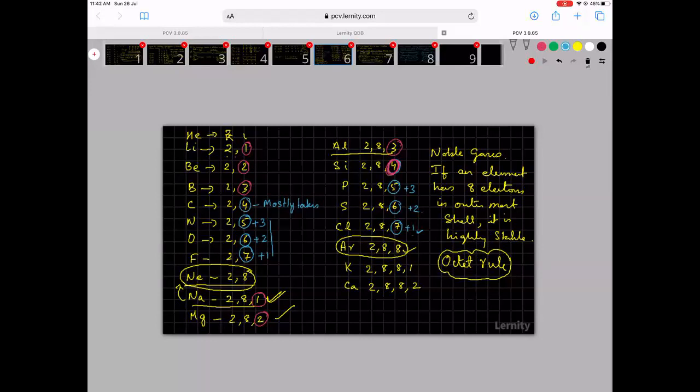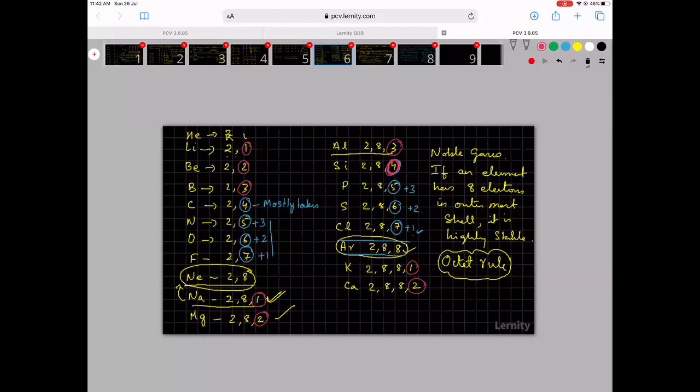Okay. Then argon. Argon has a noble gas configuration, so it neither gives nor takes. Then what can you say about potassium? Potassium will give, calcium will give. All those that I have marked in red are electropositive and they are metals. All those that I have marked in blue are electronegative and they are non-metals.